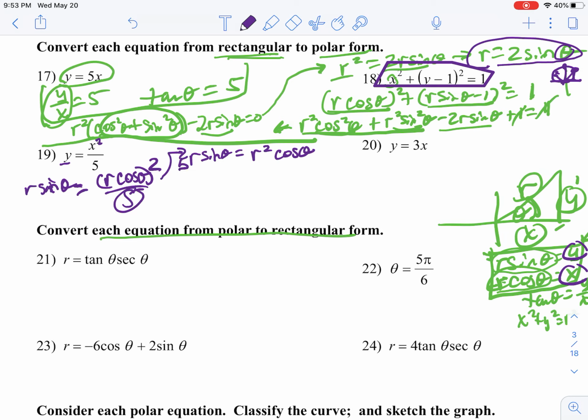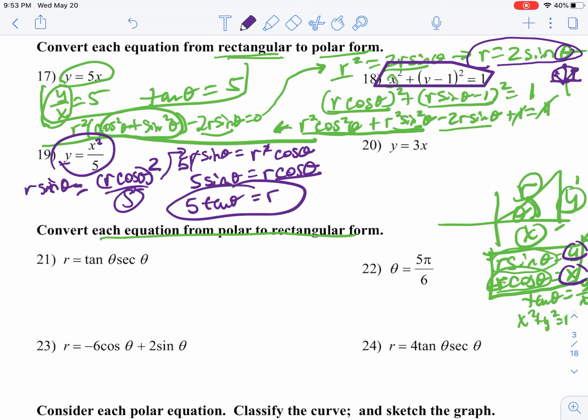So I'm going to multiply the 5 to this side. Now I can get rid of the r's, and I get 5 sine theta equals r cosine theta. And then I might as well solve for r, and if I put sine over cosine, I get tangent. So r is 5 tangent theta.